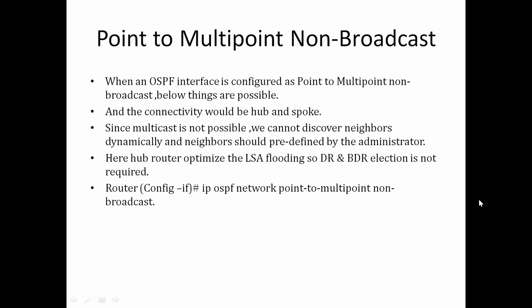Here, the hub router optimizes the LSA flooding, so DR and BDR election is not required. The command to enable point-to-multipoint non-broadcast network type is ip ospf network point-to-multipoint non-broadcast. So these are the important OSPF network types.